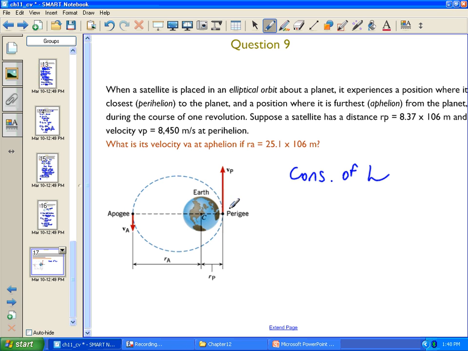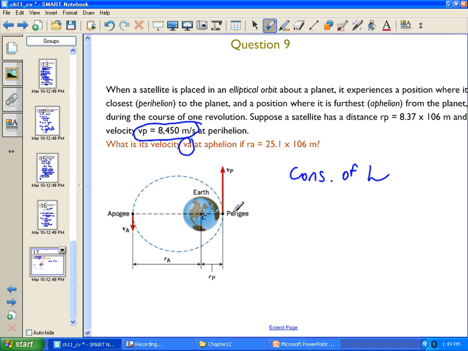So what we're going to see is that when the satellite is closer to the Earth, it will have a VP which is larger than the VA, the velocity at apogee when it is furthest from the Earth. And we're going to use conservation of angular momentum to determine this.